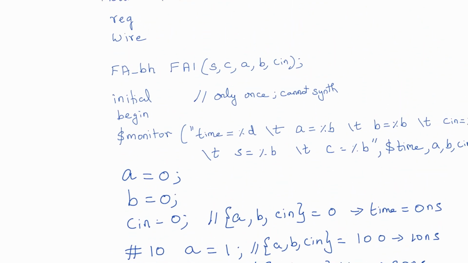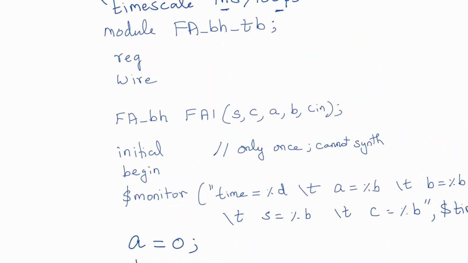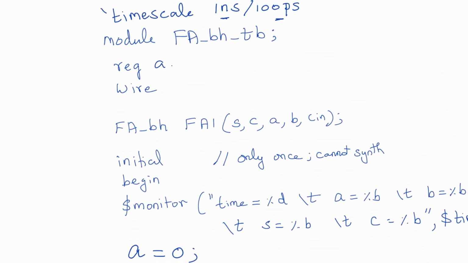Right? So let's fill in our reg and wire. So regs are all that comes on the left hand side inside your initial block. So that is A, B and Cn. And your outputs have to be wires. So S and C. Right? And that's it.